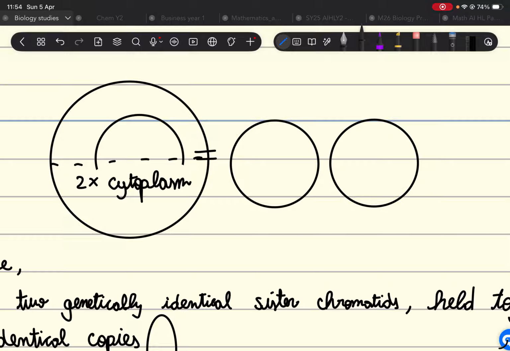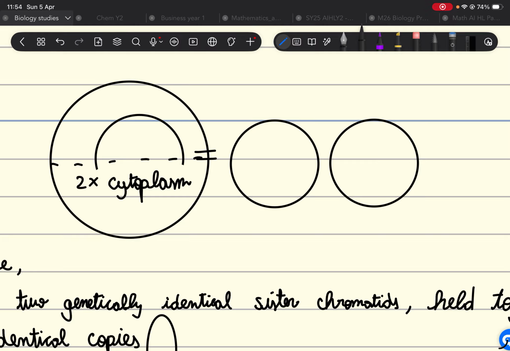It's also, if I don't forget, rich in nutrients. So cytoplasm is, I think, one of the most important parts that we have in our cell. It is responsible for the shape of the cell.